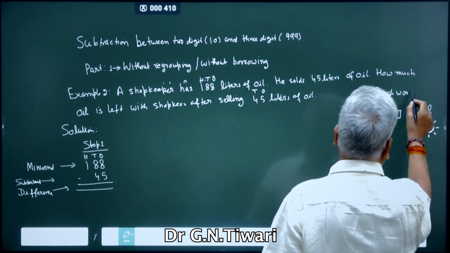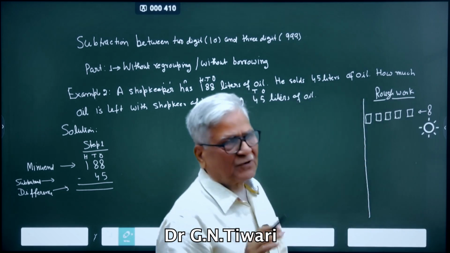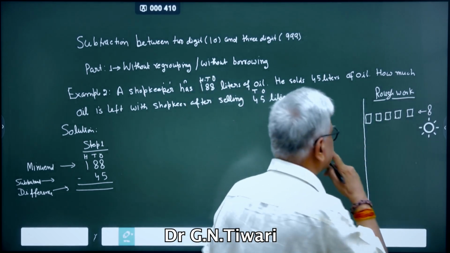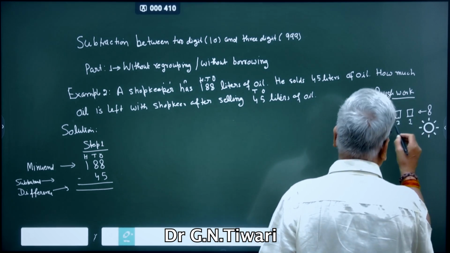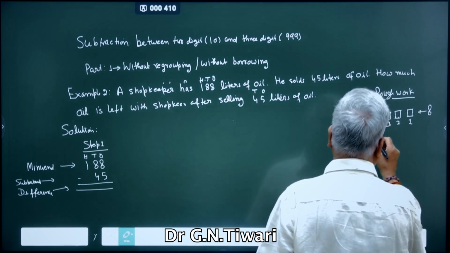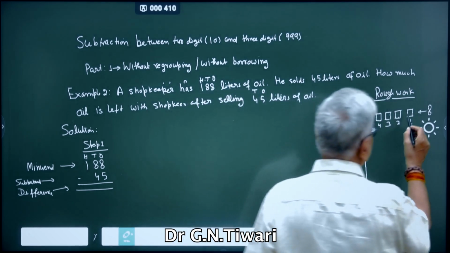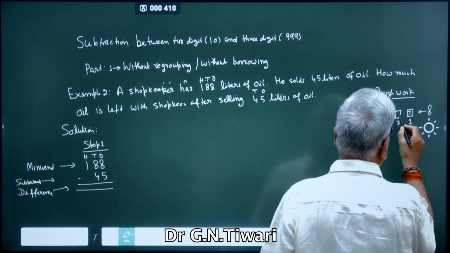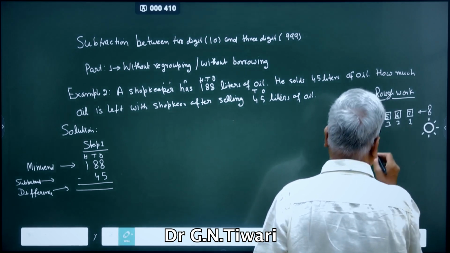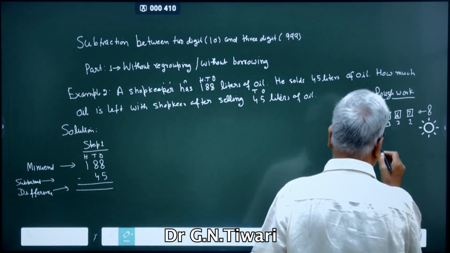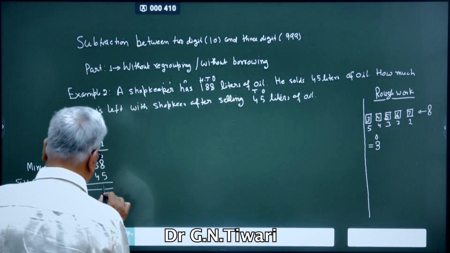And I advise all the children to have a practice of rough work on the right hand side of the copy. Just say 1, 2, 3, 4, 5. And what is before 8? 7. Before 7, 6, 5, 4, 3. So the result is 3 at O. So write the first step, 3, here at O.